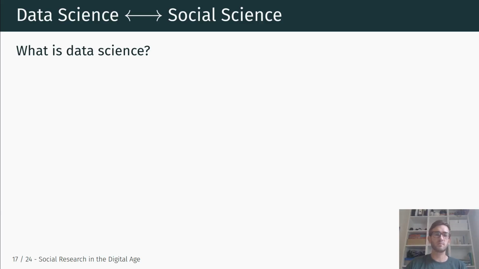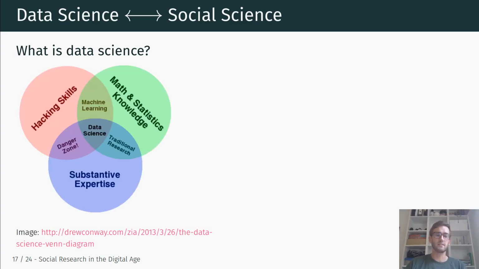First, we want to talk a little bit about what data science is and what it entails. This is one of the classic Venn diagrams of what data science is. On the one hand, we have math and statistics knowledge, substantive expertise, and hacking skills.